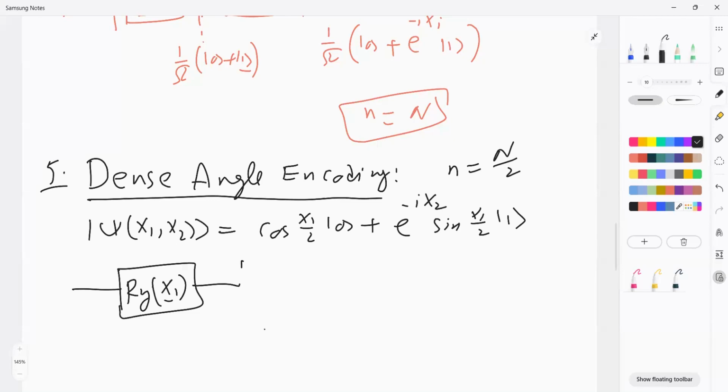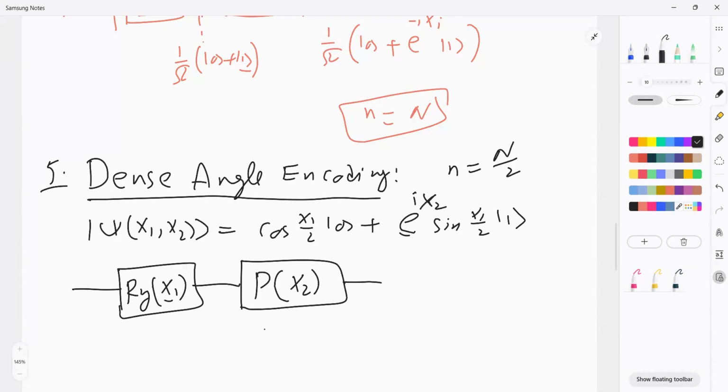And then I can apply a phase gate that gives a phase x2. And if I apply x2 here, then I can use a plus sign here. Okay, so the person who asked the question, is this clear enough?